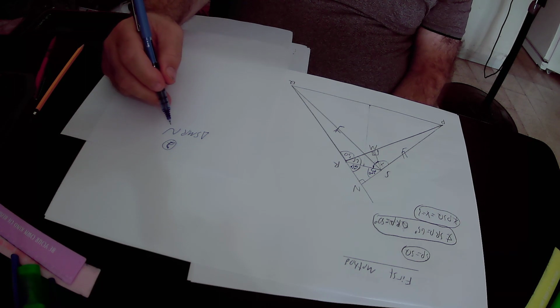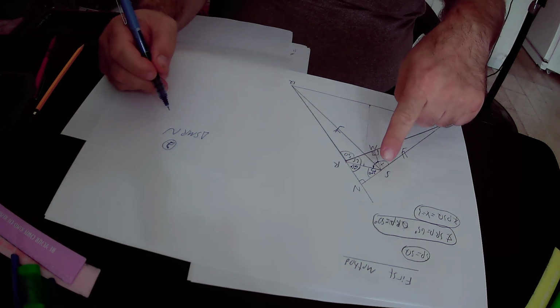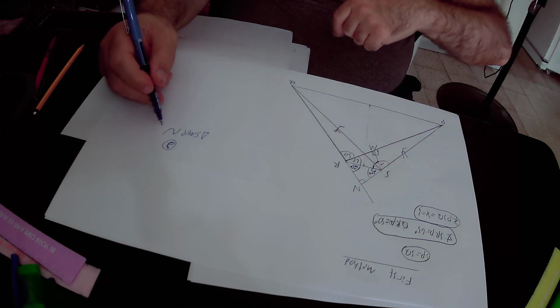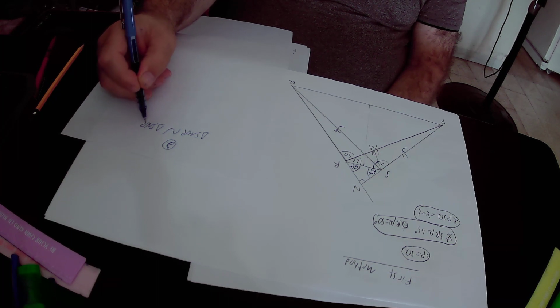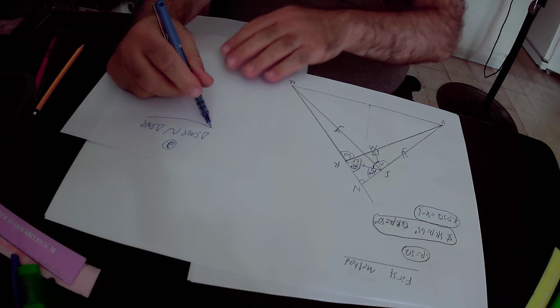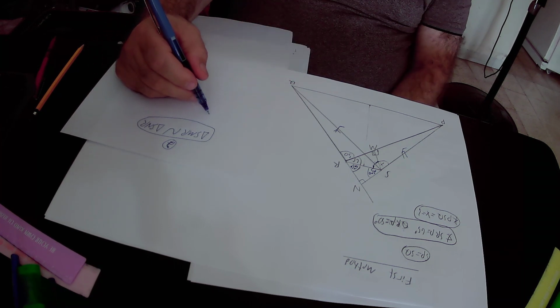This is the sign of congruence. Triangle SMR is congruent to triangle SNR, according to the side angle rule.